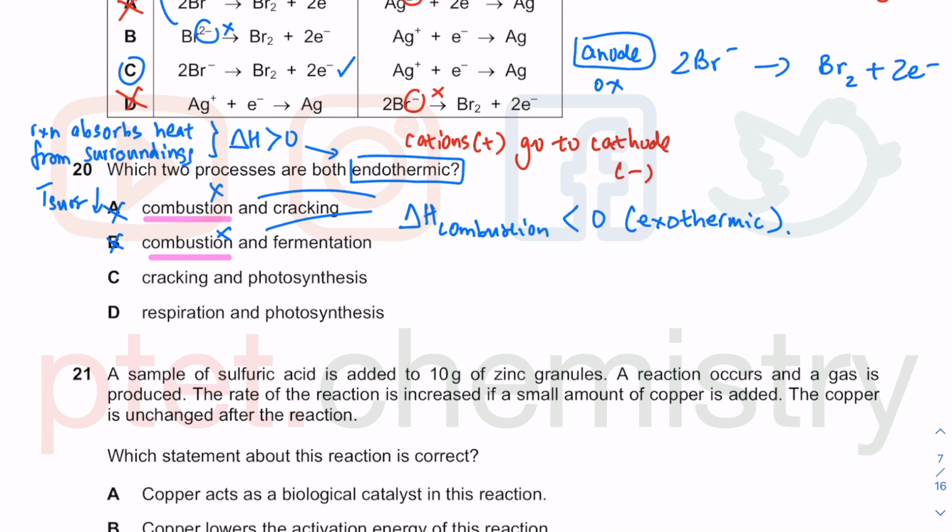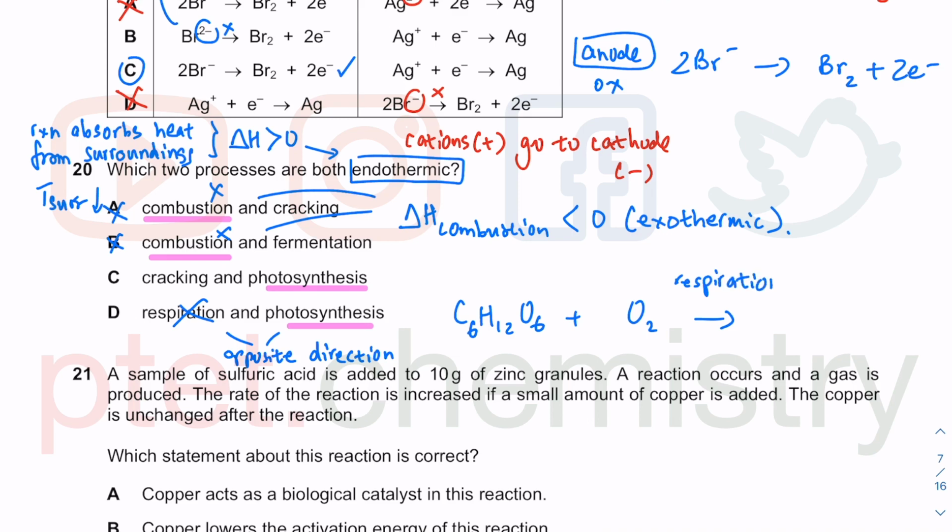When you burn something, it releases heat to the surroundings. So we just have to choose. I mean, photosynthesis is already there. Respiration is the opposite of photosynthesis, as these are in opposite directions. We know that respiration is basically burning calories, C6H12O6 plus oxygen gas. You're burning the food in the body by breathing the oxygen, and you're doing respiration. So that essentially is the combustion of food in the body, going to give you CO2 and H2O.